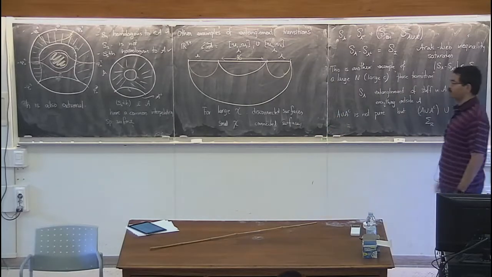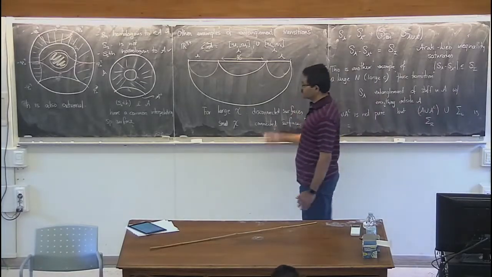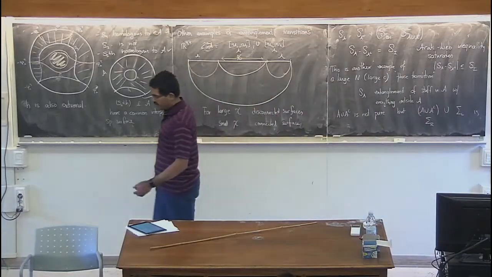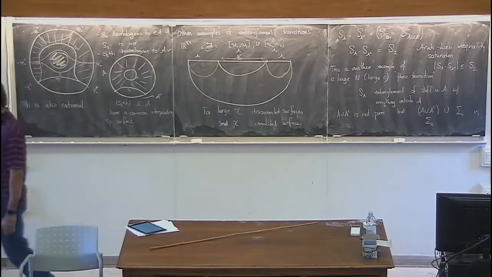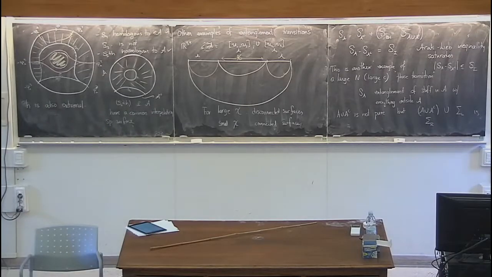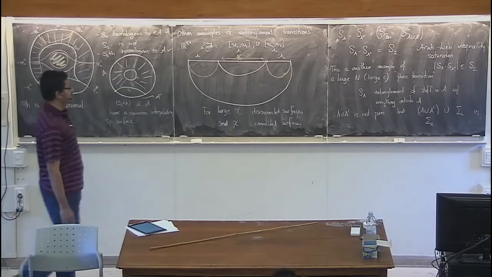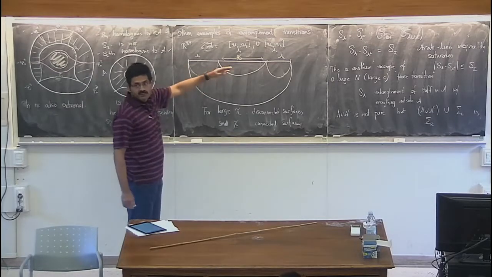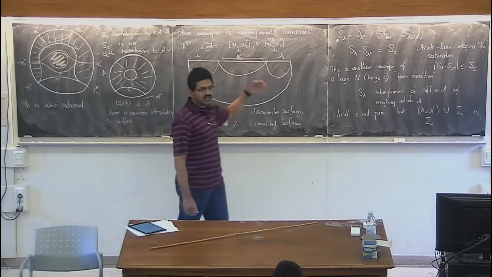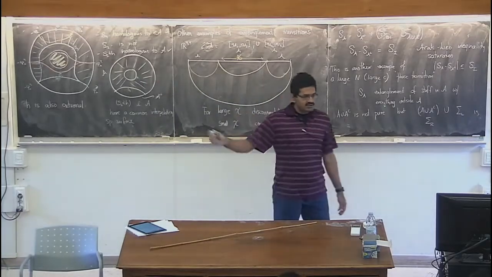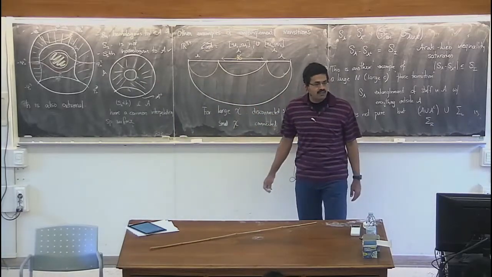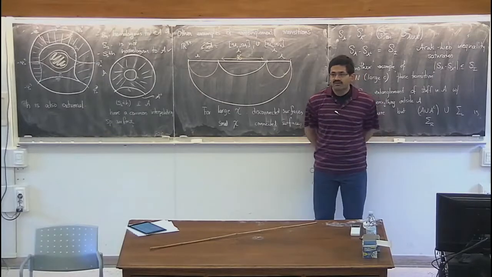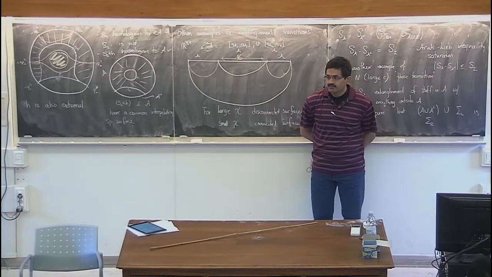And so people understood this. Matt Headrick understood this by thinking about how the conformal field theory calculation works, and then later Tom Faulkner and Tom Hartman showed independently, one in gravity and the other in conformal field theory, that these kind of transitions do happen if you work with conformal field theories with large central charge.